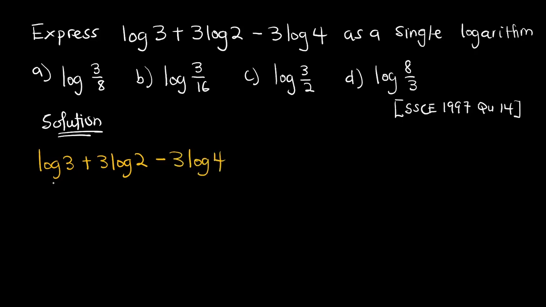All right. So for those of us who know how to solve logarithm problems, you know that when you have a coefficient in front of log, you send that and it becomes the power of the number after the log, which is the 2 in this case, and in this case it will be 4. So the 3 will become the power of 4 over here, and then vice versa.